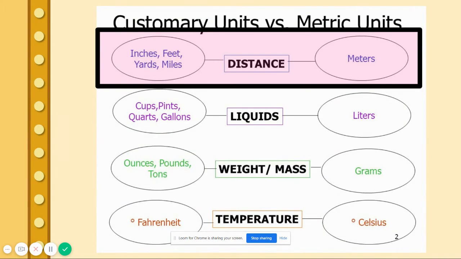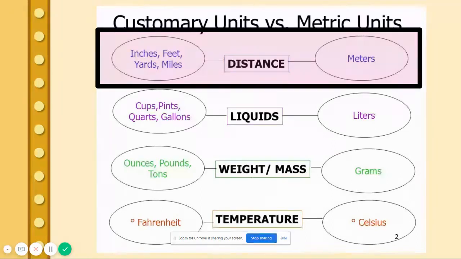Something that I want you to understand is that when we are measuring things such as distance, how far your house is to school, right? That's a distance. We know that there is space between both of those locations, so we can measure that distance. We also know that we could look at how much liquid fills up a container, that's capacity.